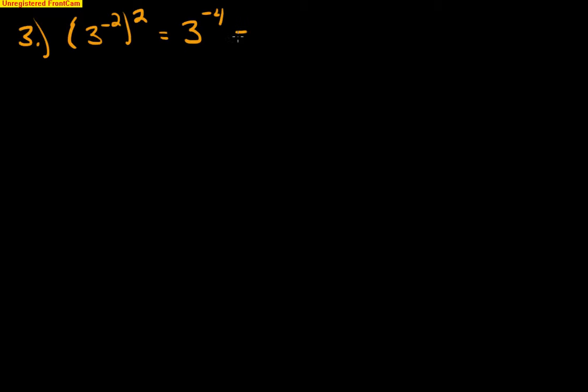Now remember that anything to a negative power can be written as 1 over whatever that is to the positive power. So this is 1 over 3 to the fourth, but now it's positive. So we have a fraction now. My 4 looks like a 34, remember, that's an exponent there.